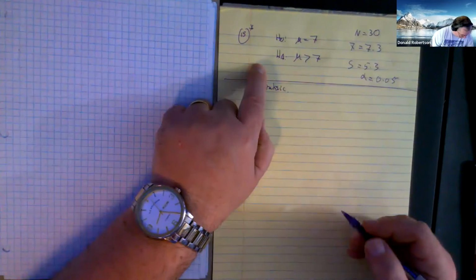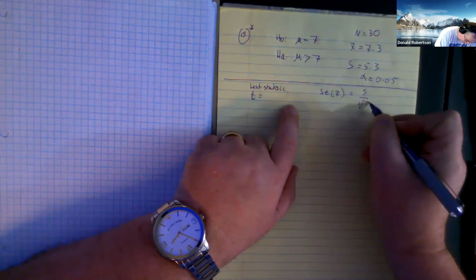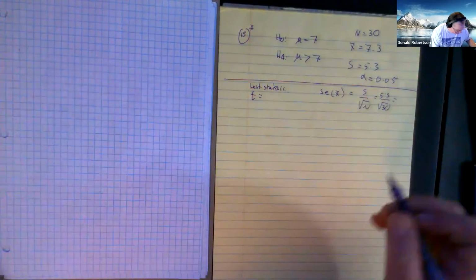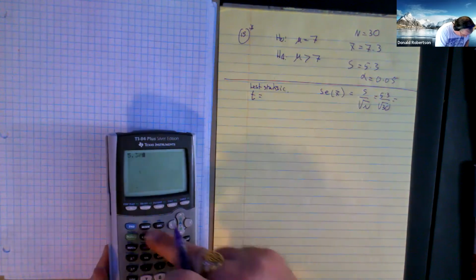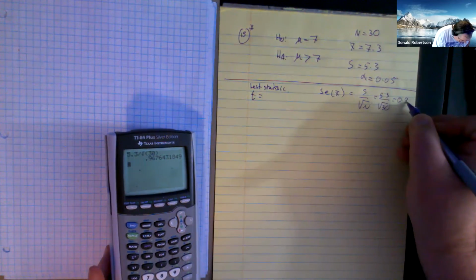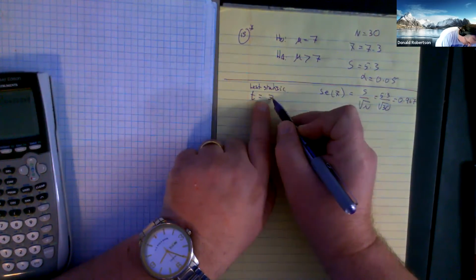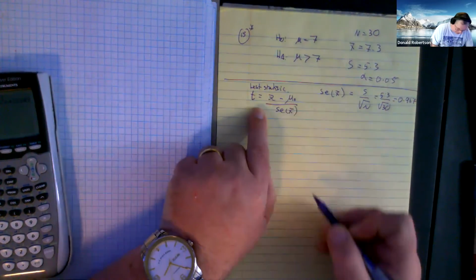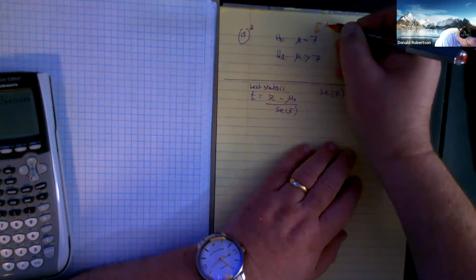So step 1's done. I'll find the standard error, which is that guy. And 5.3 divided by the square root of 30 gives me 0.967. This guy you get from that formula. There's your mu naught.